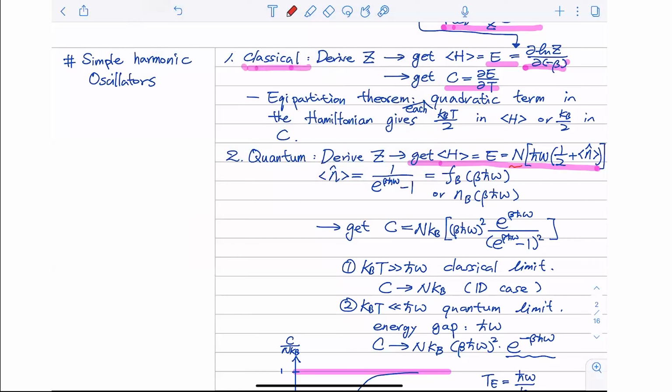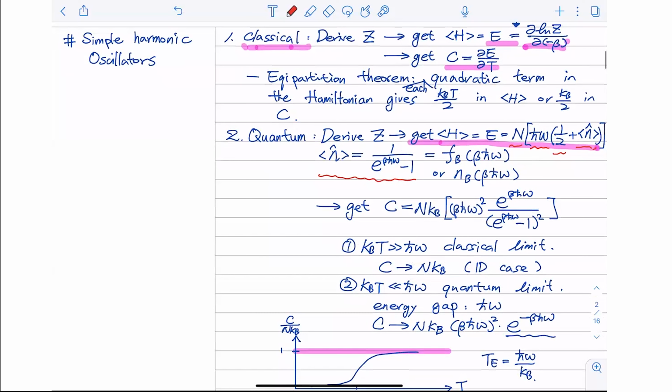And there should be something related to h bar omega, which is the characteristic frequency of the quantum oscillator. And the 1/2 came from the zero-point fluctuation. That is the uncertainty principle of momentum and position. And the last part is the average occupation number of the eigenmodes of the quantum oscillator. Here, this average value of the occupation number is expressed explicitly.